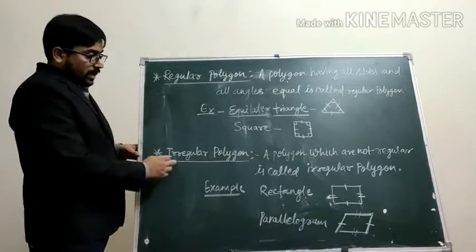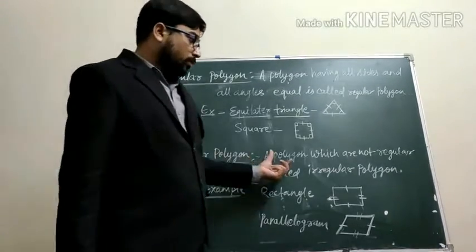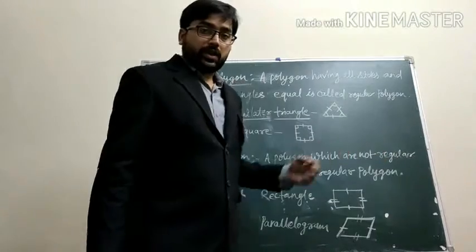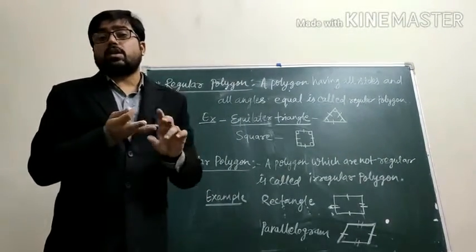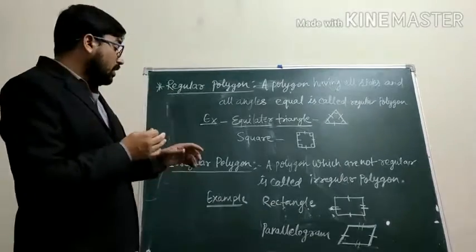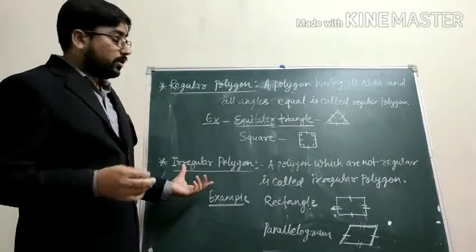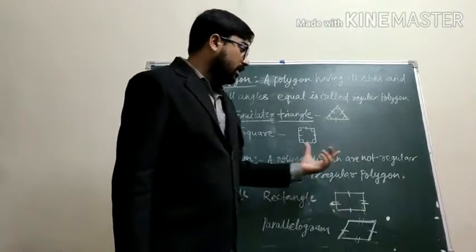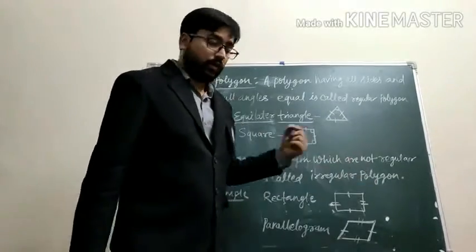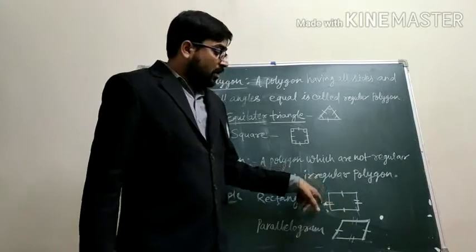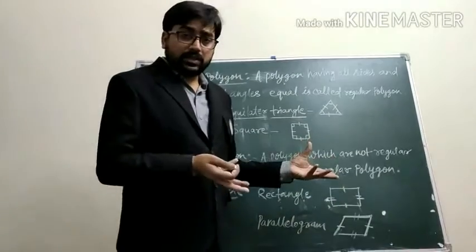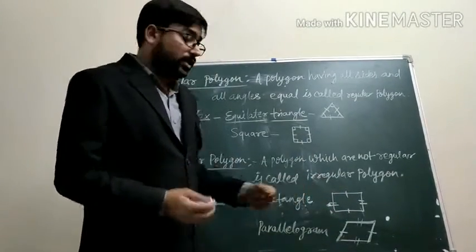Now, irregular polygon, a polygon which are not regular, जो रेगुलर ना हो, मतलब जिसके all sides equal ना हो, all angles equal नहीं हो, वैसे polygon क्या कहलाएंगे? Irregular polygon. A polygon which is not regular is called irregular polygon. Example, rectangle. All angles are equal, but all sides are not equal.